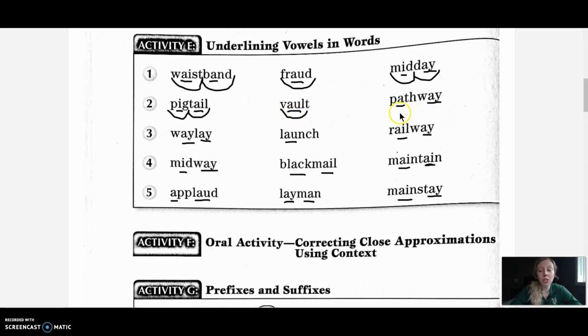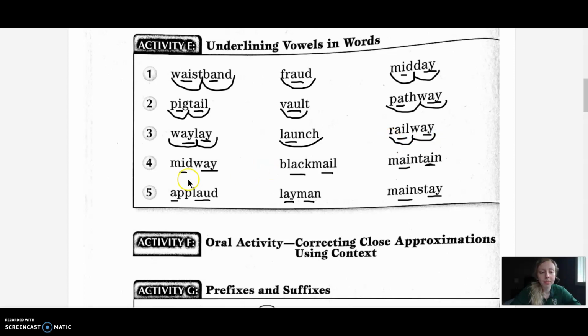Two vowel combinations means two word parts. Pathway, pathway. Okay, two word parts here. Way, lay. Okay, how many vowel combinations? Right, which means one word part. Launch, launch.